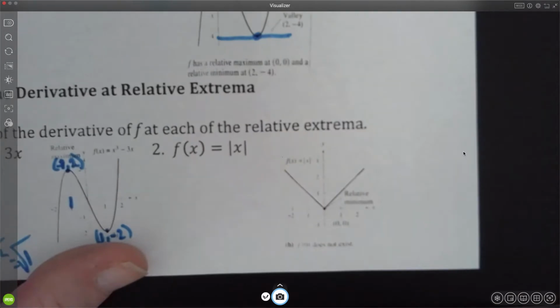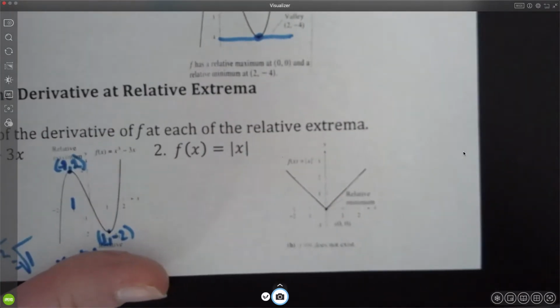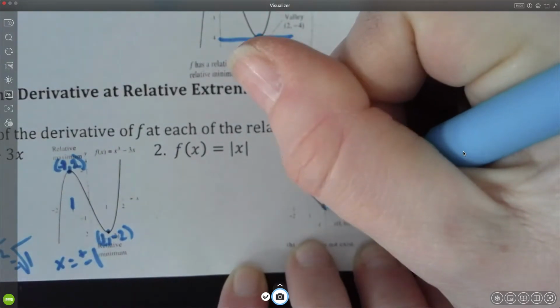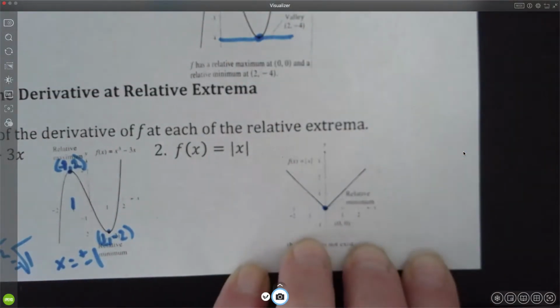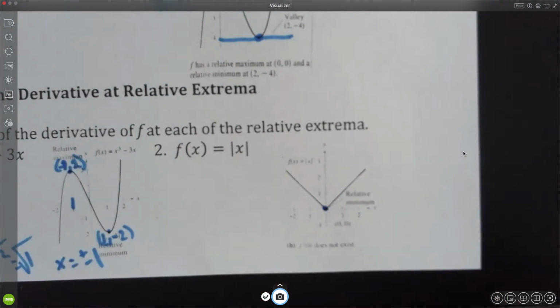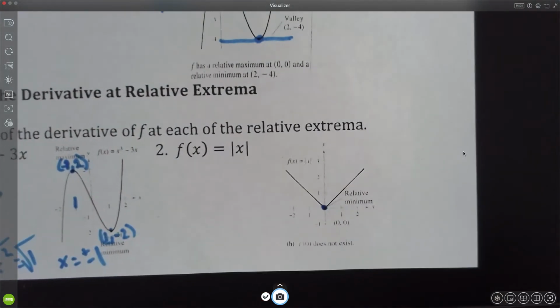Now, this guy is an absolute value function, and the problem with absolute value functions is this derivative. I talked about this last chapter, maybe at the beginning of chapter 4, right before Christmas break, and I didn't do a very good job of explaining it.